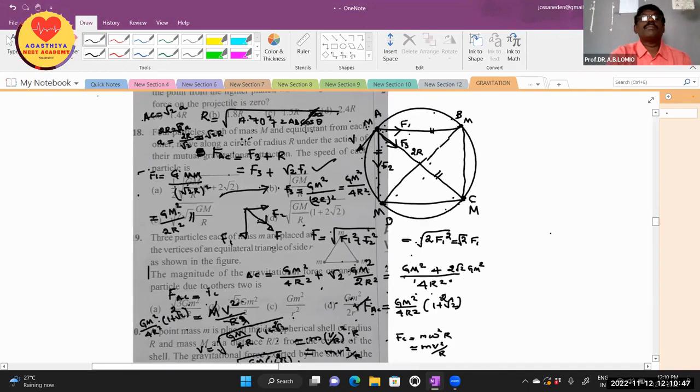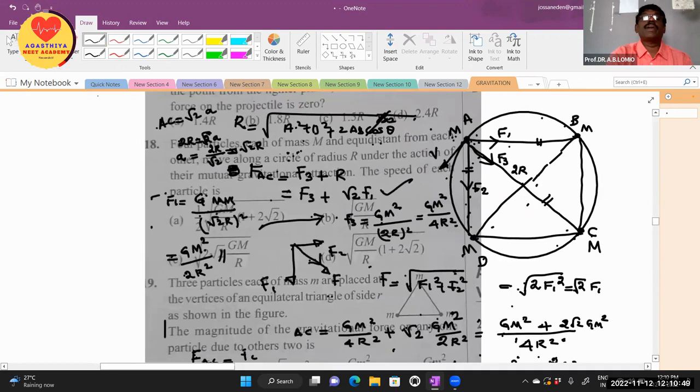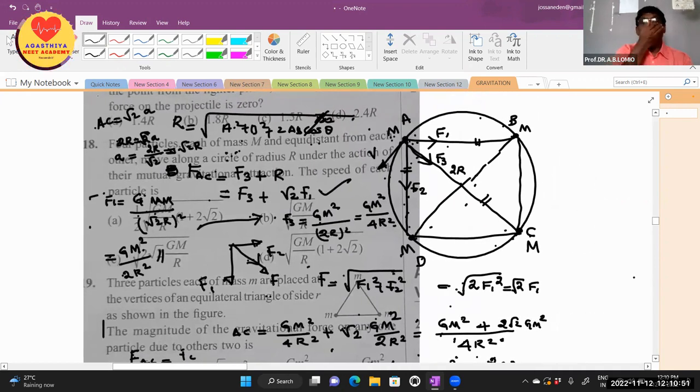For F1 we use the formula G capital M m divided by distance squared. The distance between A and B is calculated using the diagonal formula. The diagonal of the square is equal to root 2 a. Root 2 a is equated with 2R, because the radius is R and the diagonal will be 2R.